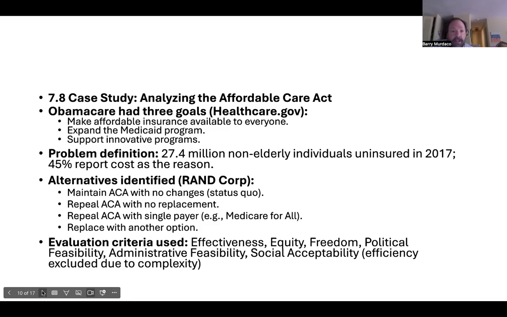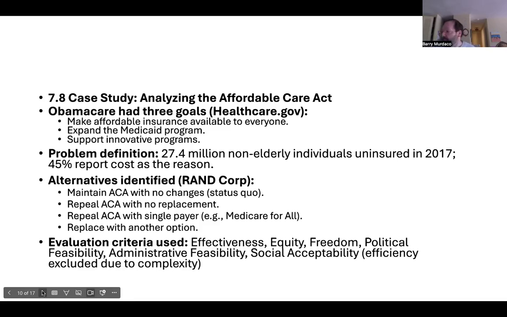But to make insurance affordable and available, they argue is a failure, and they cite almost 30 million people still uninsured as recently as 2017. 45% of those people report cost as the main reason why they were not able to get insurance. So the Affordable Care Act did not make healthcare affordable.